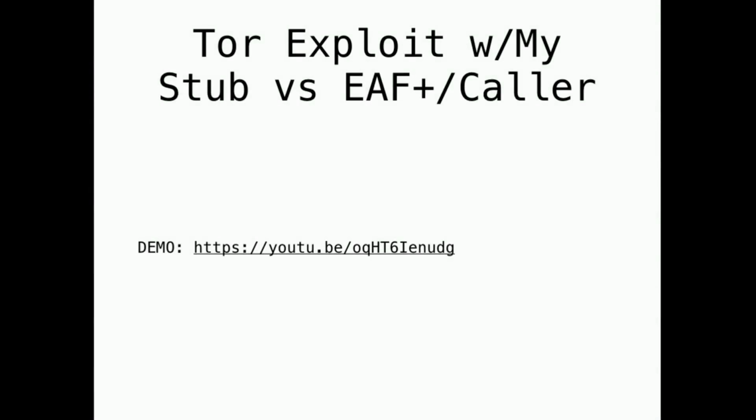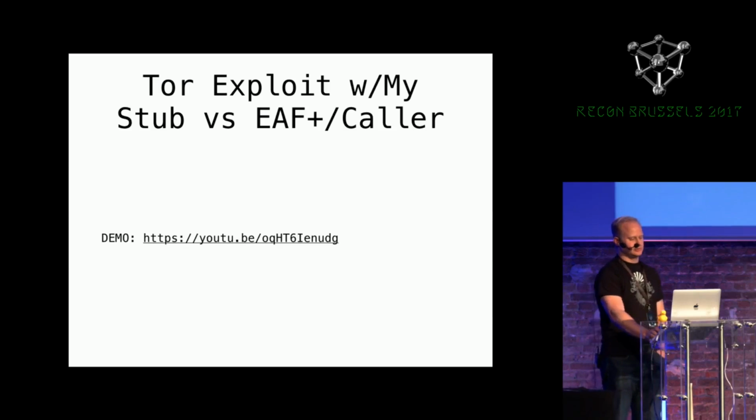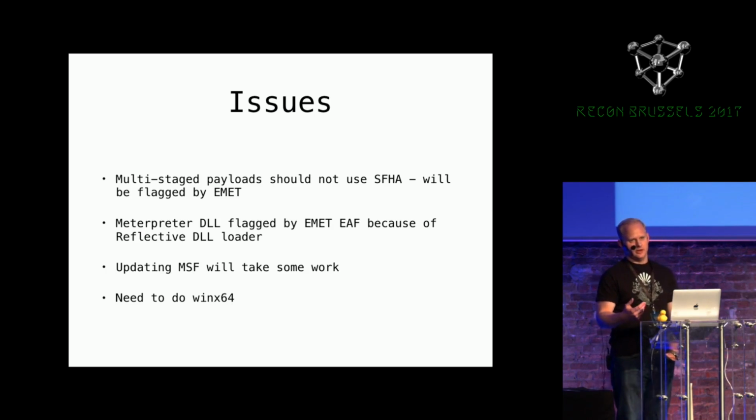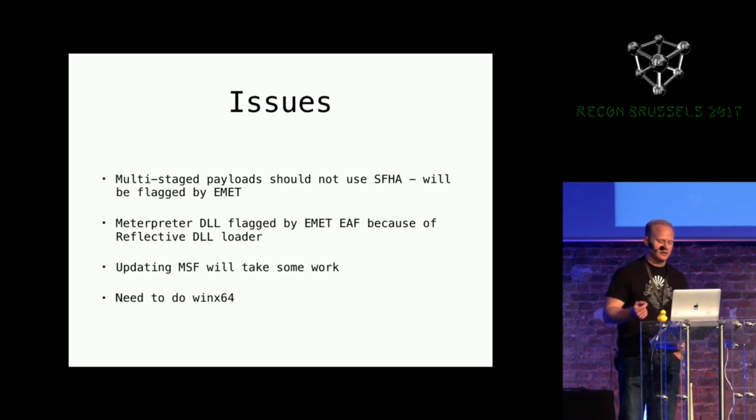All right, so there are some issues, not necessarily with my script. If you're using Metasploit and you have EMET, my approach is compatible with Meterpreter, with the staged payloads that have the hash API call. The problem is EMET.